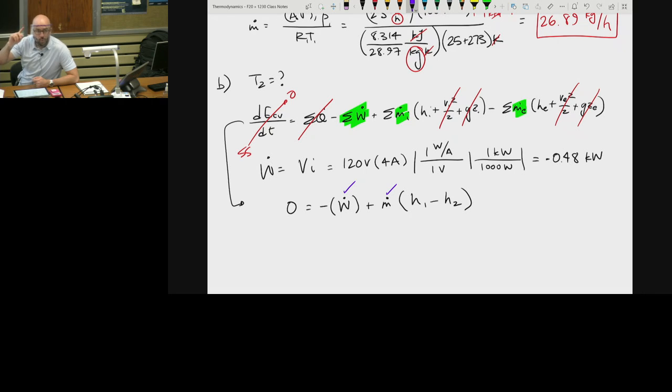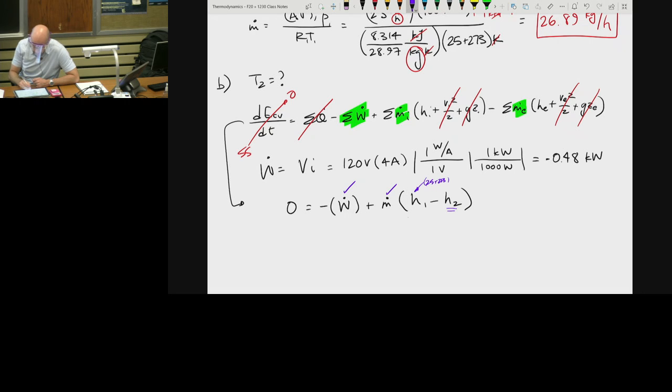That's one way to do the problem. There's going to be a lot of interpolation with that way. You would look up the enthalpy at 25 plus 273, solve for H2, and go to your table to find what temperature that corresponds to.